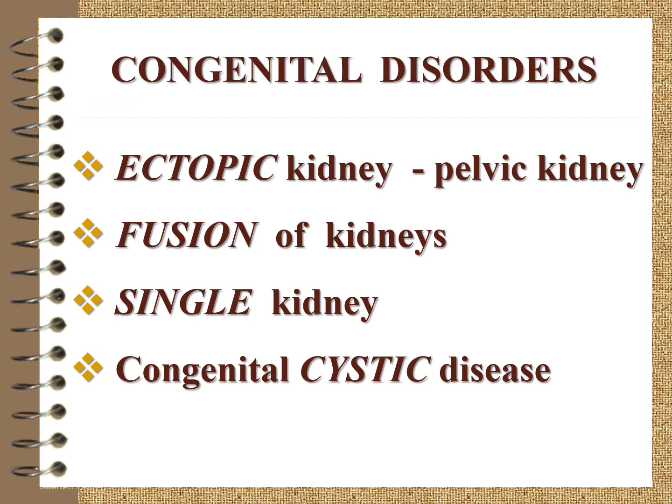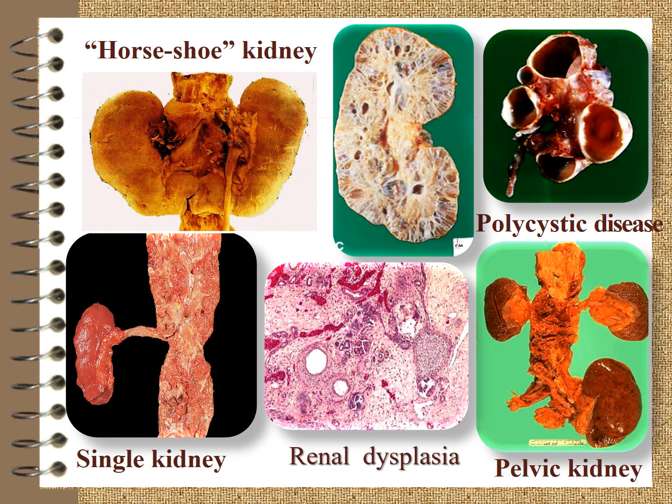Polycystic kidney disease is an inherited disorder in which clusters of cysts develop primarily within the kidneys, causing them to enlarge and lose function over time. Cysts are non-cancerous round sacs containing fluid. The cysts vary in size and they can grow very large. These are examples of congenital kidney diseases.